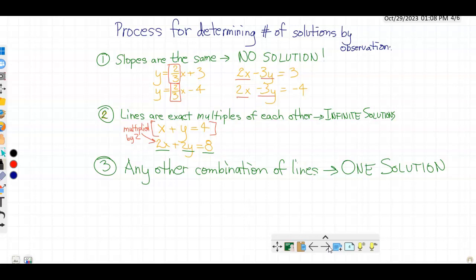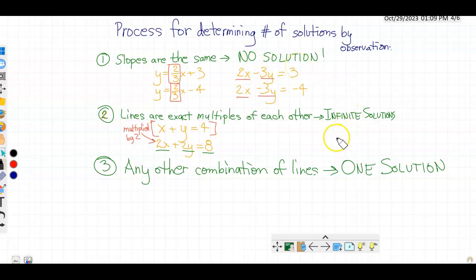So, on this slide, we're going to go through the process for determining the number of solutions by observation. Okay? So remember, you've got 3 cases of systems of equations. You have systems of equations that have no solution.